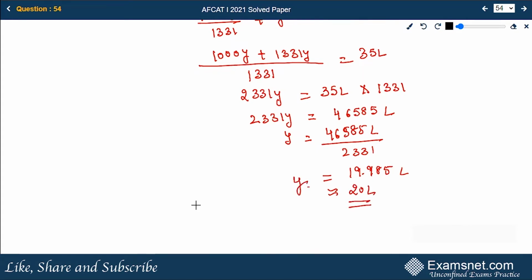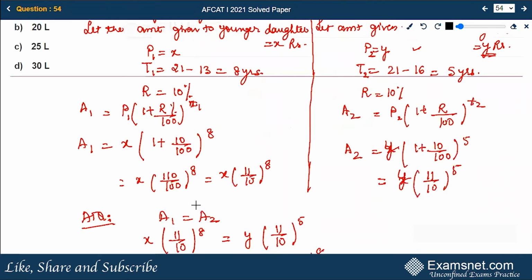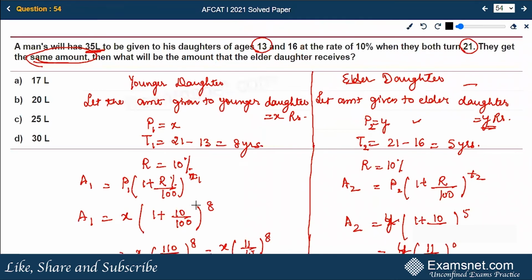So you got the value of y that is equal to 20 lakh. In the question, it was asked what will be the share of elder daughter. Elder daughter receives 20 lakh, that is option B is your answer.